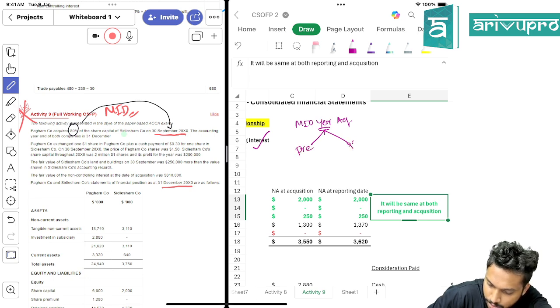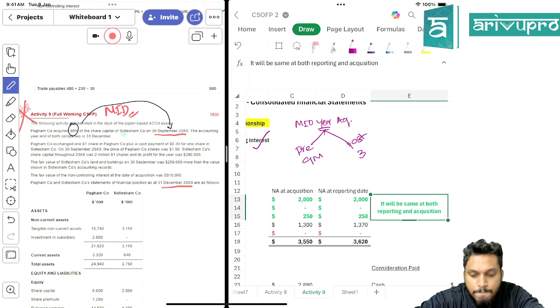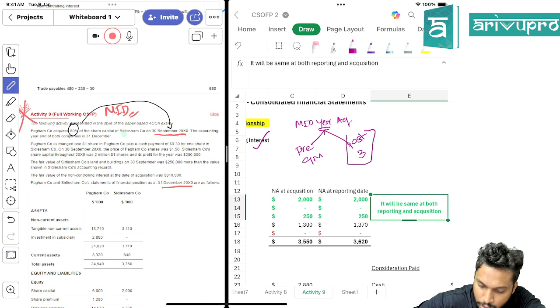Only 3 months belongs to our group, but 9 months is at the beginning. Right. Now, let's see why I gave that information.